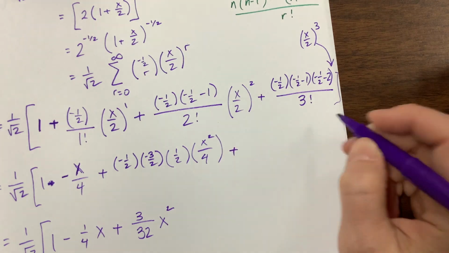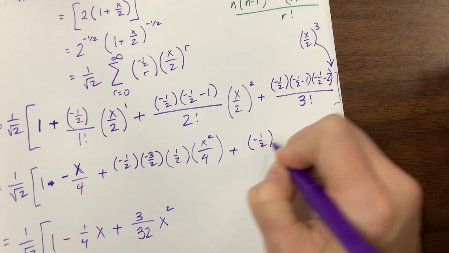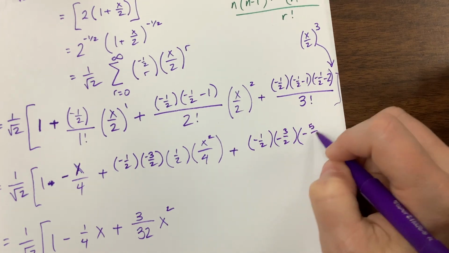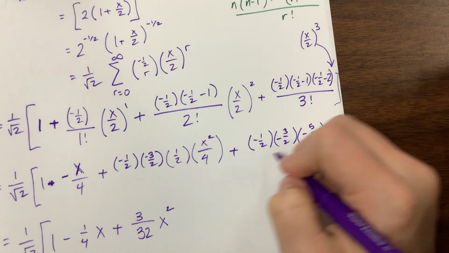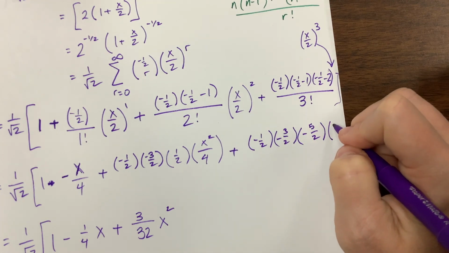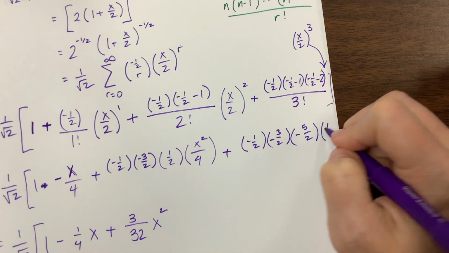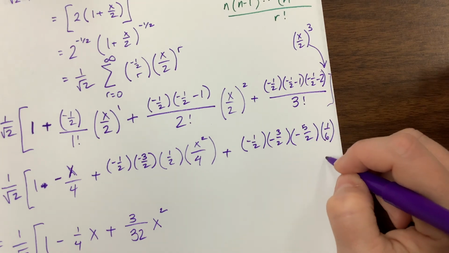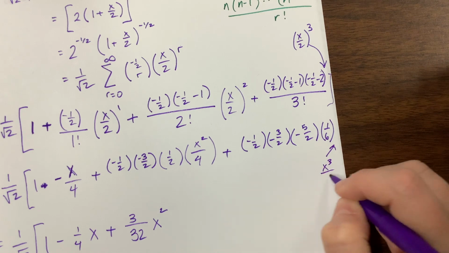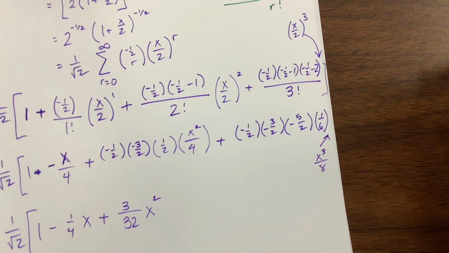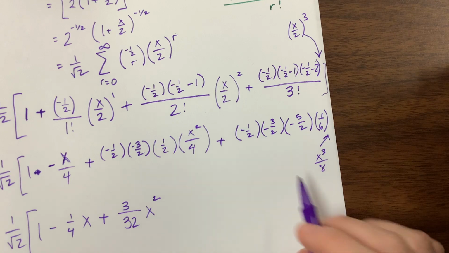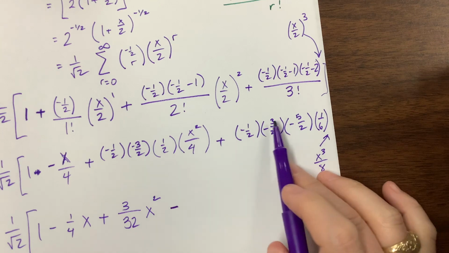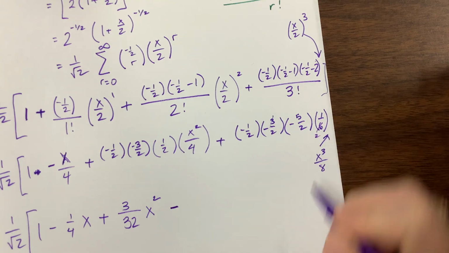Here comes term 4. This is a negative 1/2 times a negative 3/2 times a negative 5/2 times 1 over 6, because 3 factorial is 6, and that's in the denominator. And then I have an x cubed over 8. So close parentheses. A negative times a negative times a negative is going to be a negative. 3 can cancel here, making that a 2.